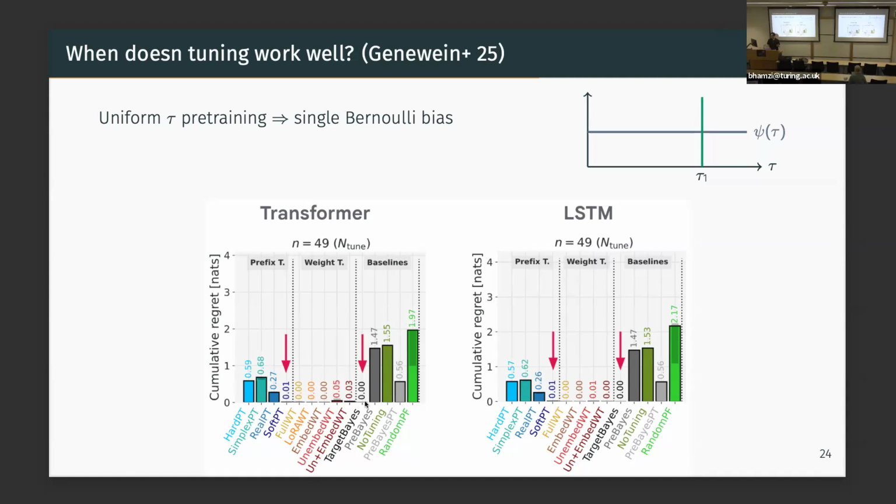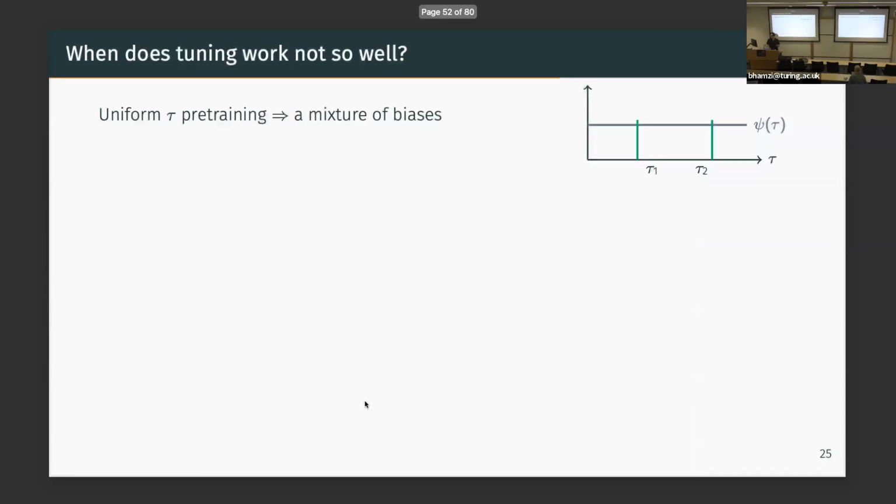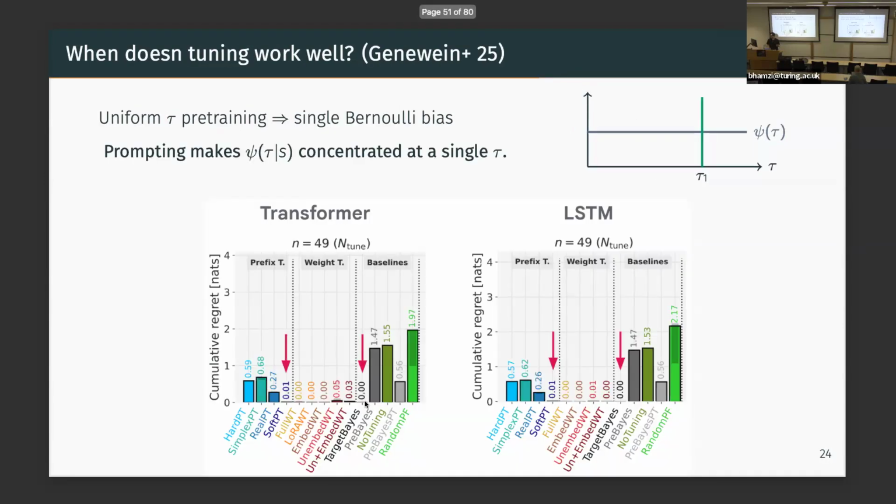But the fact that there's some regret here just means that the number of parameters that we are tuning isn't sufficient. This is using 6 tokens to prompt, optimizing prompts of token length 6. If we increase the length of prompts, ideally they should converge to the delta function tau 1.